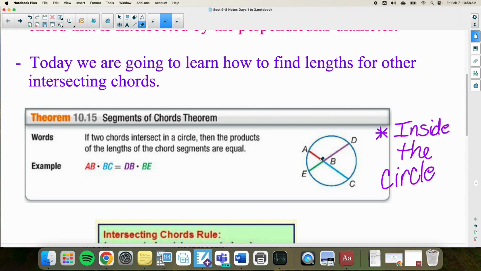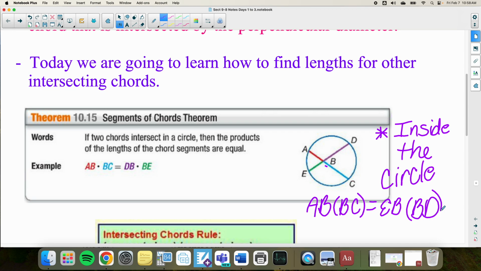And what this rule says when they intersect inside the circle is you take the part of the chord that is in front of your other intersecting line times the other part of your chord, so it'd be like AB in red times BC in blue would equal the green part of the chord EB times the purple part of the chord BD.